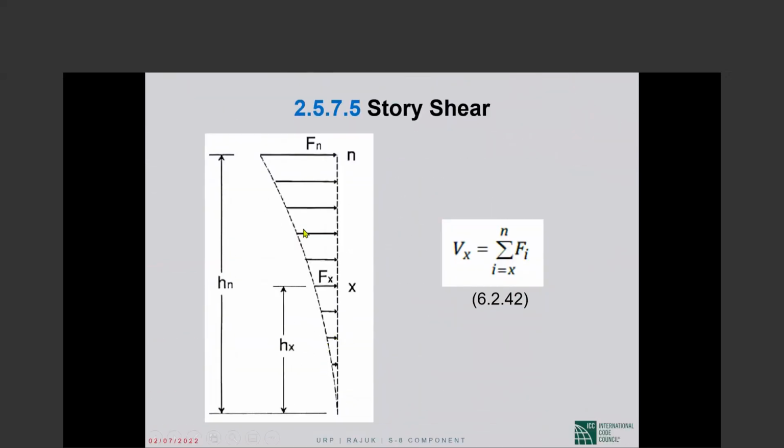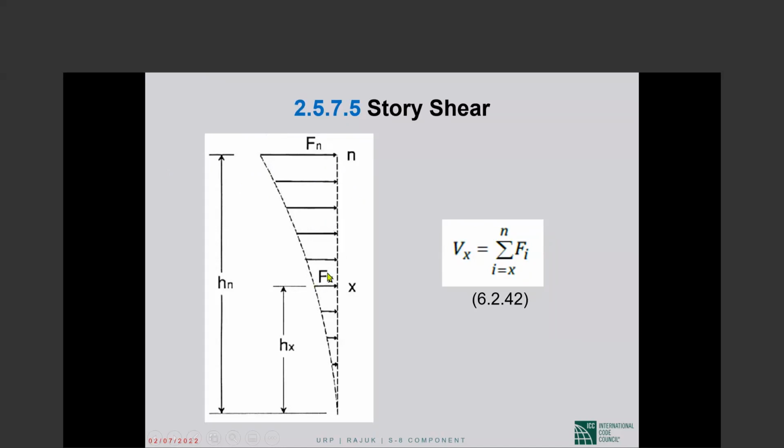Once you have distributed V, you don't have the base shear in the picture anymore. What you have are those F sub x forces at the various floor levels. Quite often, we look at and talk about the story shear V sub x. The story shear here in this top story is the top force F sub n. The story shear here is the sum of the top two forces. The story shear here is the sum of the three forces above.